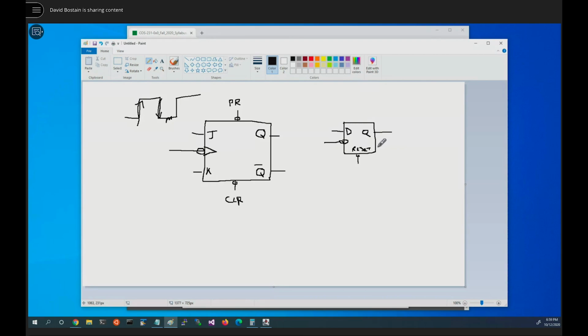Is that like a NAND? Sorry, I'm not 100% sure. Okay, well, let me do one here.